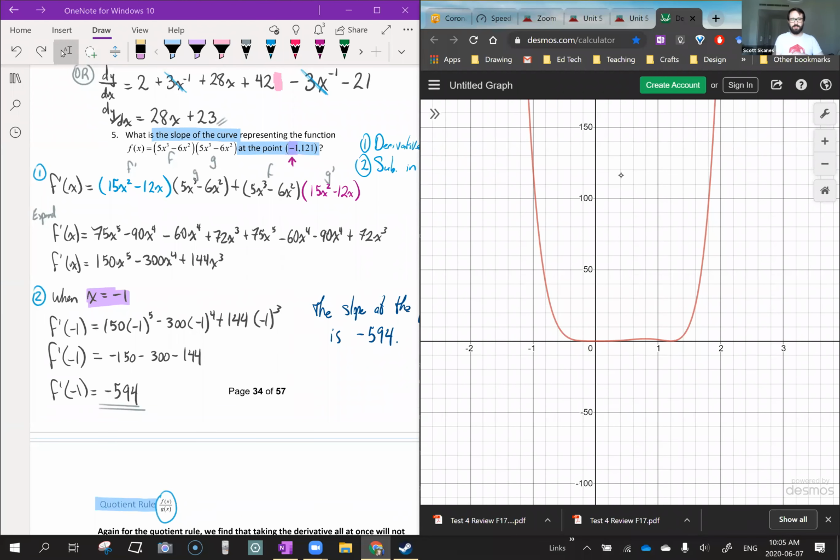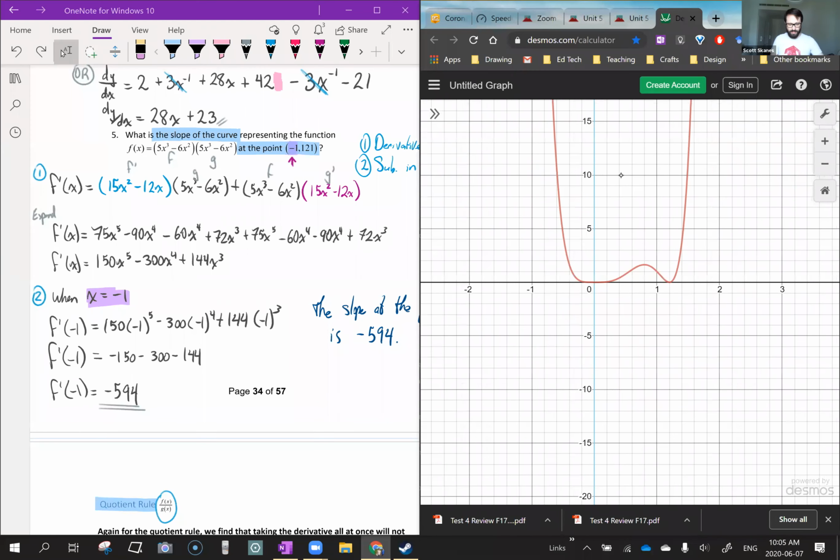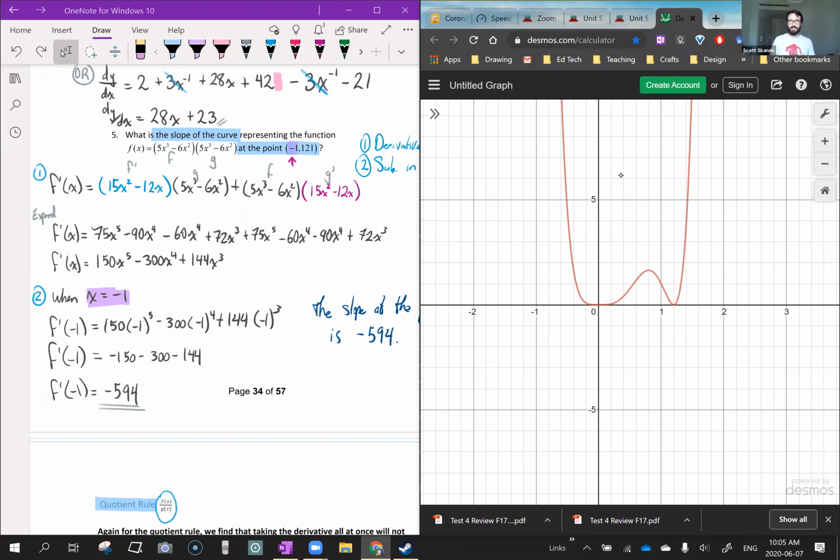It's a power of 6 function. If you ever get asked what the shape of a function is, linear has a power of 1, so it looks like one direction, up or down. If it's a quadratic, which means power 2, like x squared, it goes down, up, 2 directions, or up, down.